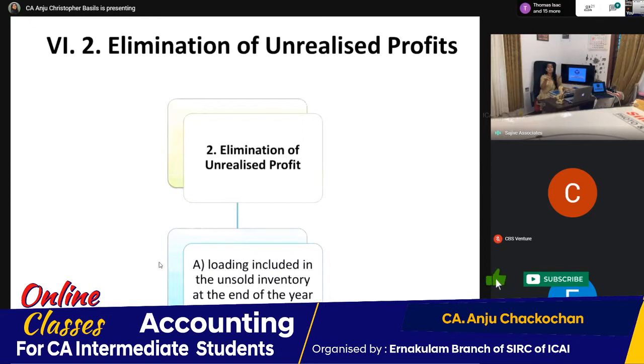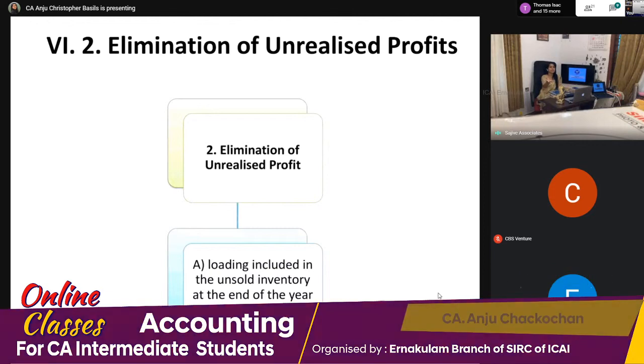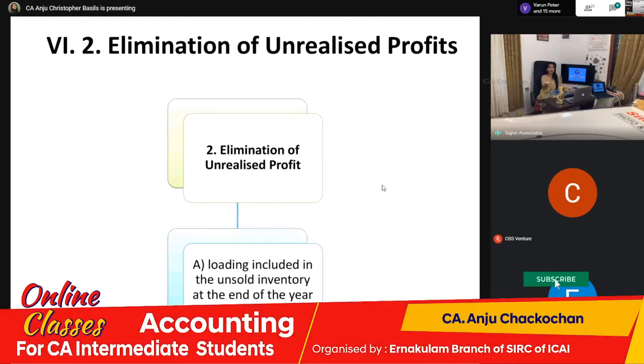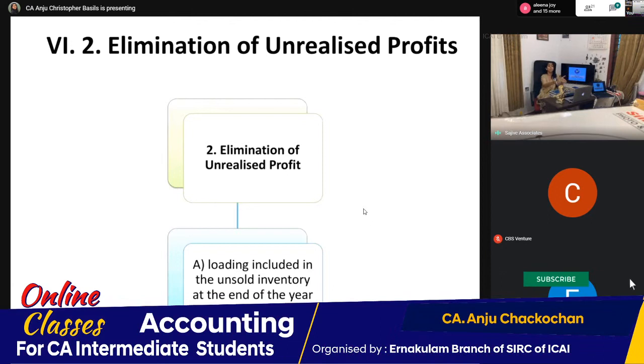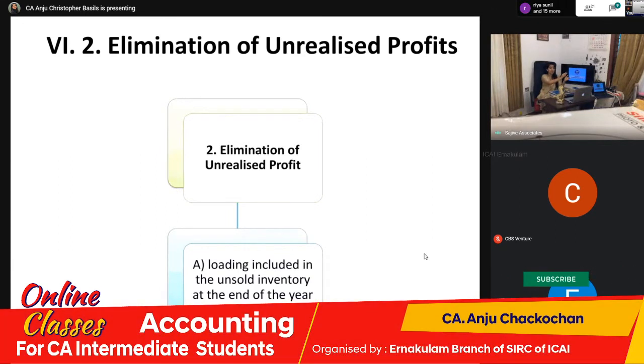Instead, when Department B was not able to sell these goods, they will be there in the godown, and hence you will have to compute unrealized stock reserve, because Department A has transferred goods to B, whereas when we combine both accounts together, effectively the company has not made any profit. So the profit which was recognized in Department A when it was transferred to Department B, you will have to eliminate.